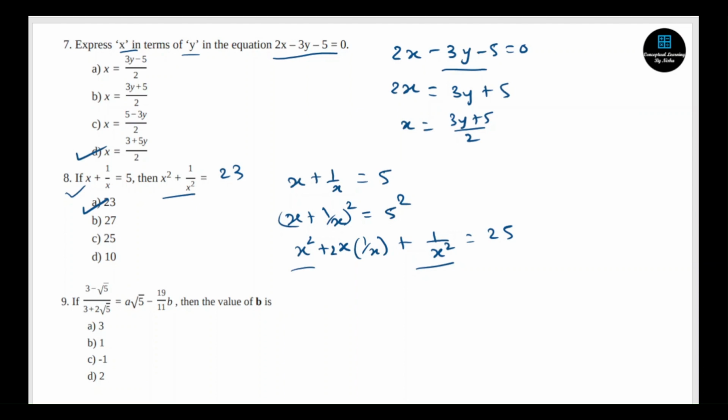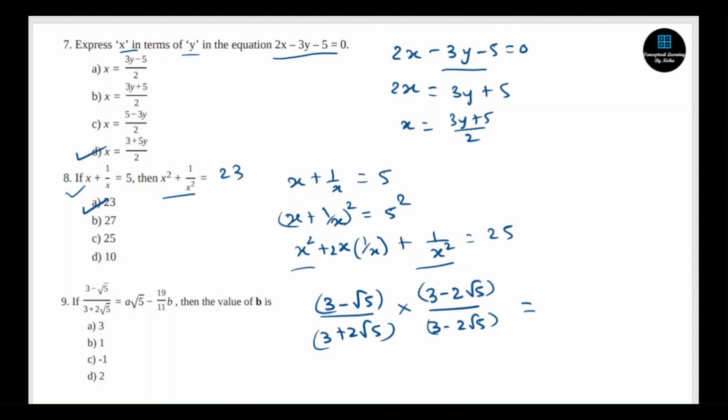Alright. Now (3 minus square root of 5) upon (3 plus 2 square root of 5). Let's rationalize this. Okay, multiply by 3 minus 2 square root of 5, and I have to multiply the same in the numerator. Okay, now what do we get? Here in the denominator it is 9 minus 2 square, which is 4, 4 into 5, which is 20.